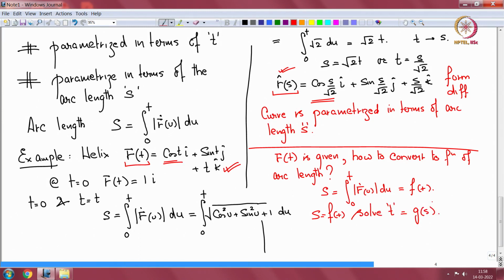Then we substitute for t and get r hat of s is equal to the original r of g of s.